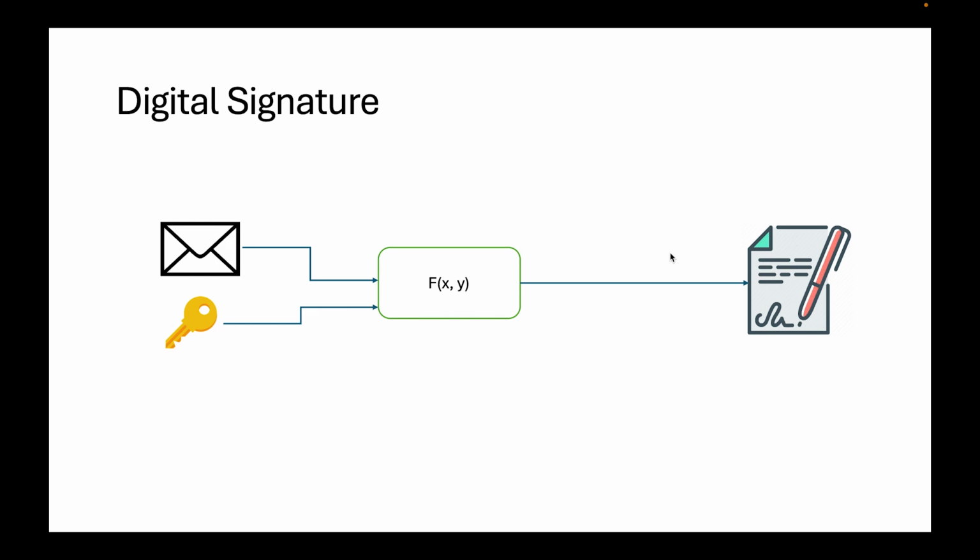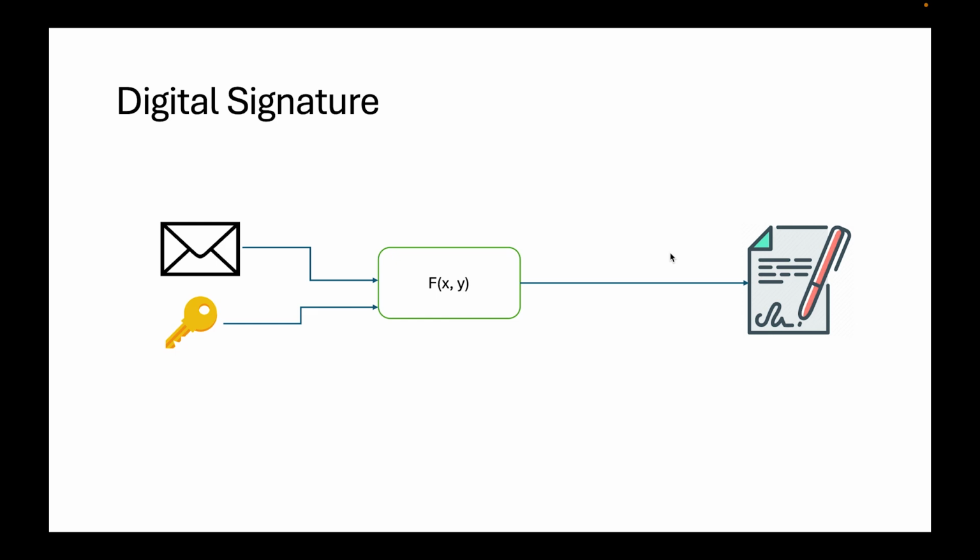That's why, whenever you have to generate a digital signature, you always talk about something called a private key. This is the key that you will feed as an input to this function, and this will come out as the digital signature of that message.